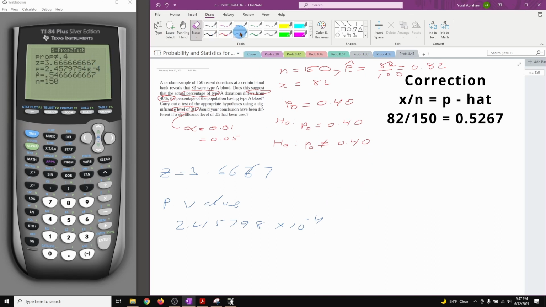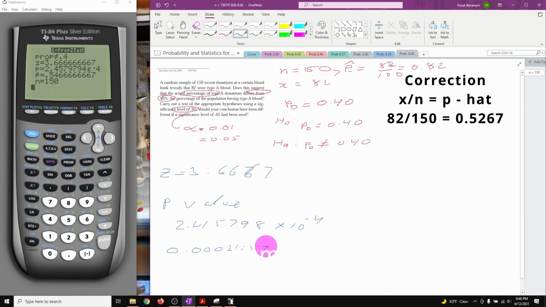In conversion, a negative 4 really means you're moving the decimal to the left four times, so it's really 0.000245798.